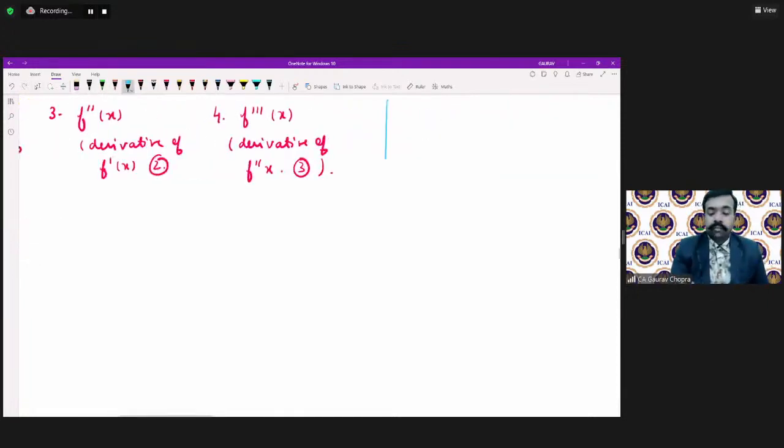See, when we have to take log on both sides, for this we have to remember the properties of logarithm. What are the basic properties of logarithm?